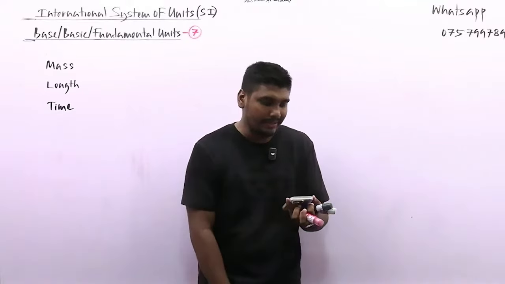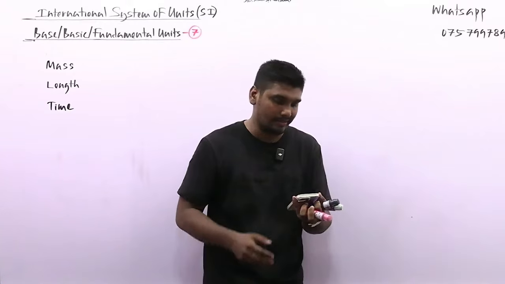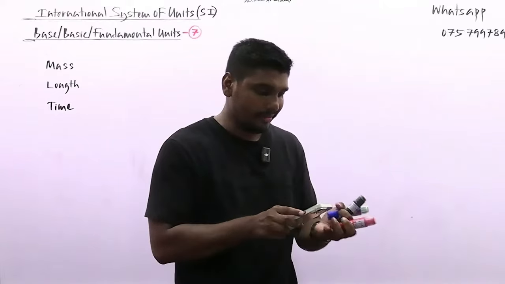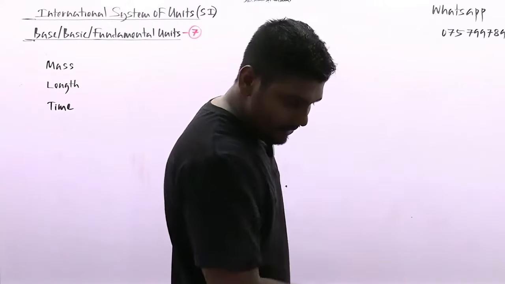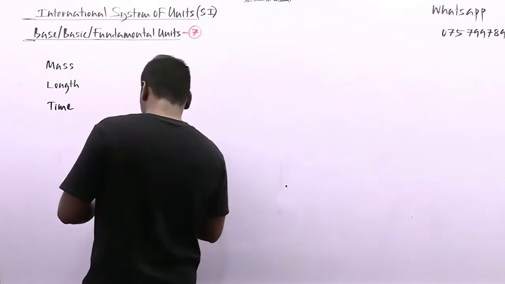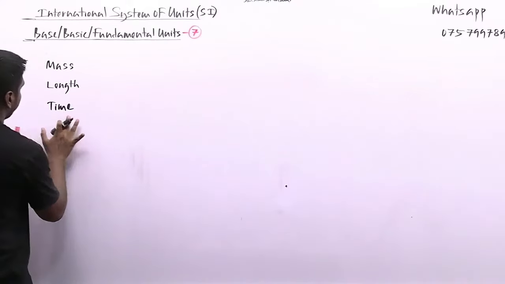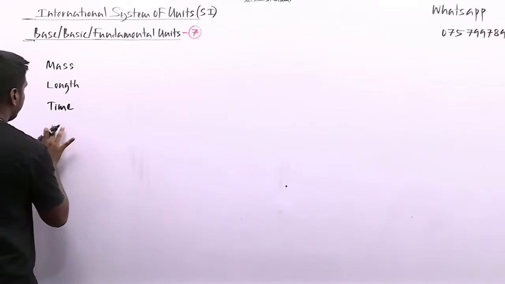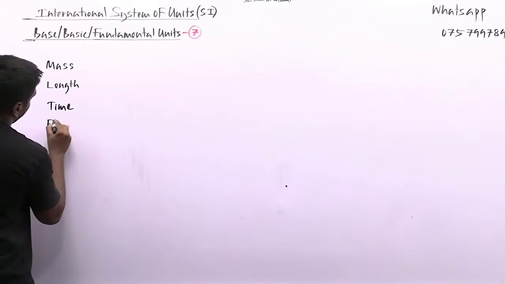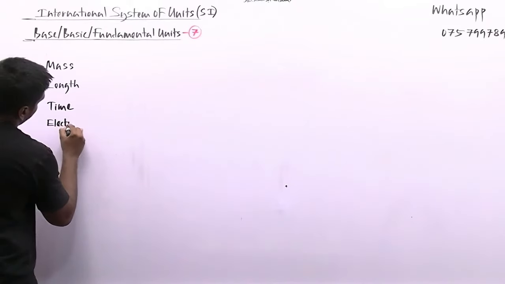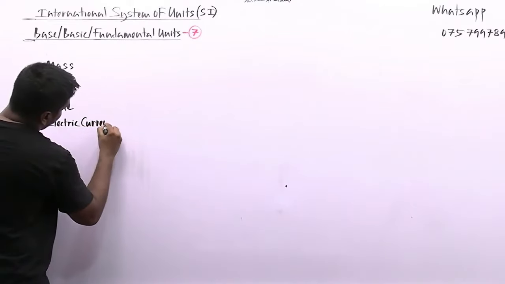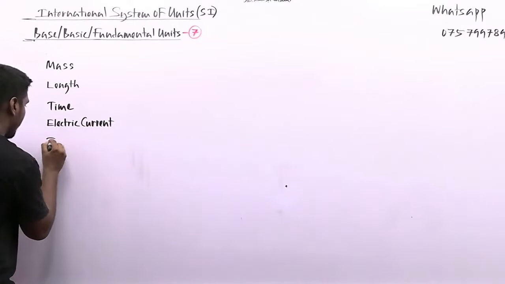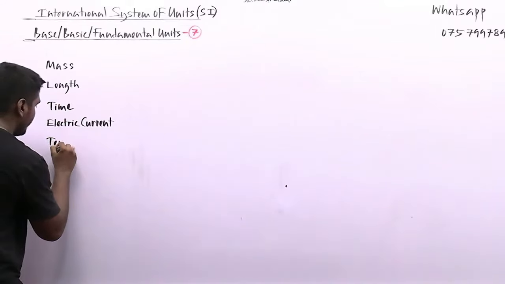Then we all know that number 4 is electric current. Then number 5, temperature.